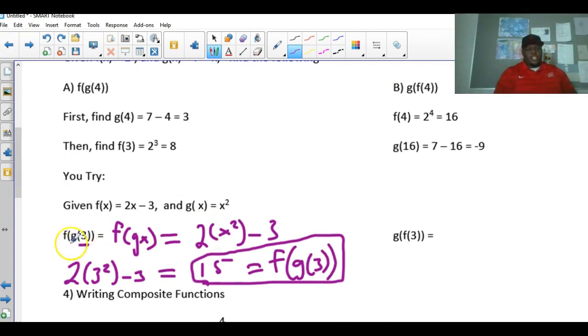If you were to evaluate the internal function first, g of 3, you would go 3 squared is 9. Then I take the 9 and plug it into f. So you have 2 times 9 minus 3. That's 18 minus 3, 15. Same thing.